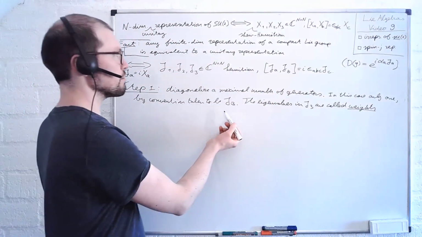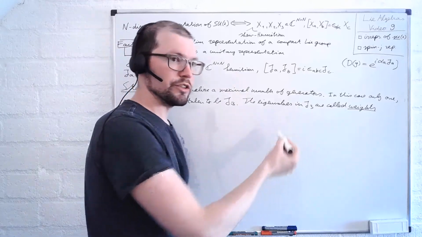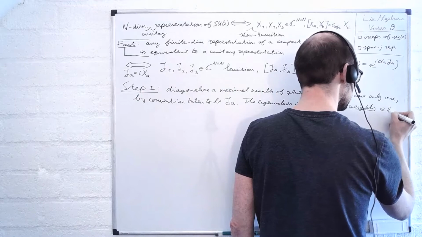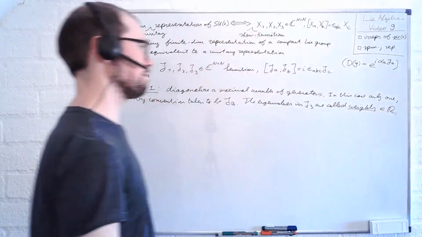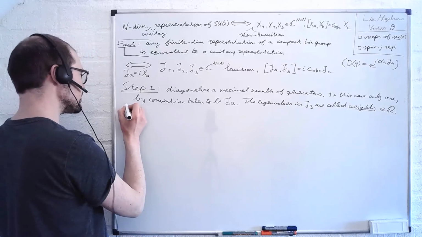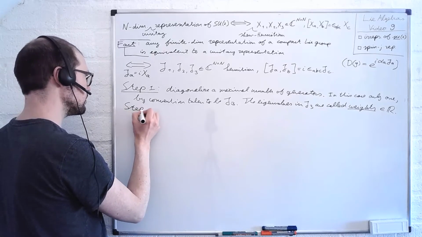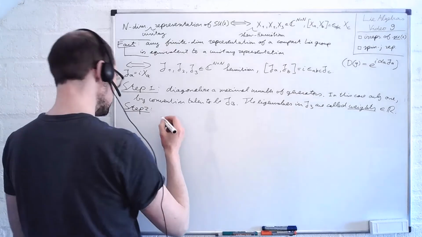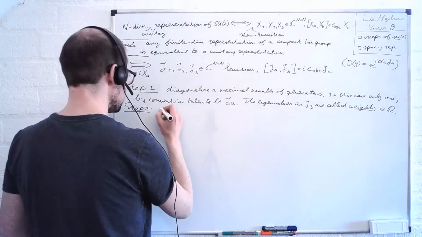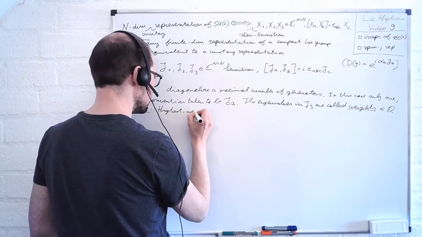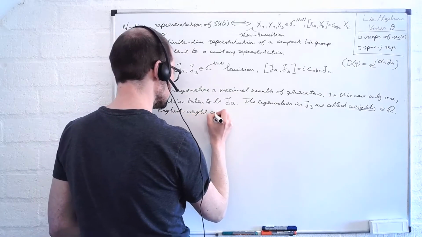And since J3 is Hermitian, these weights are going to be real numbers. Okay, so that was step 1. What is step 2? Well, it's called the highest weight construction. So let's write this, highest weight construction.